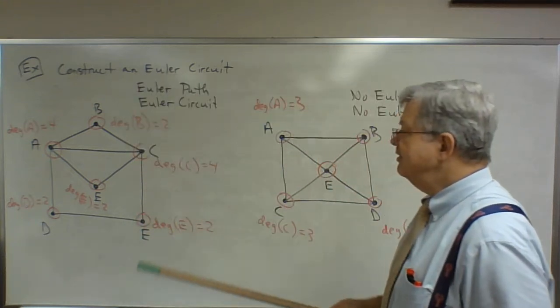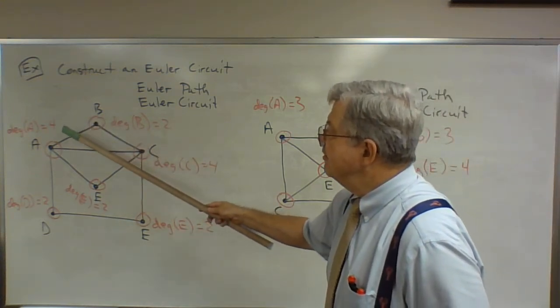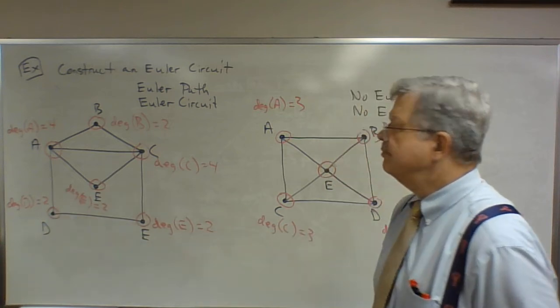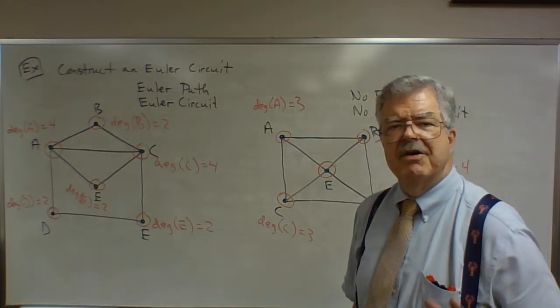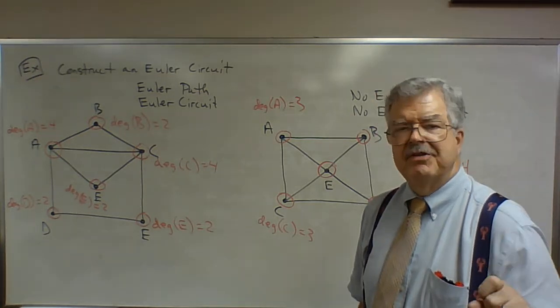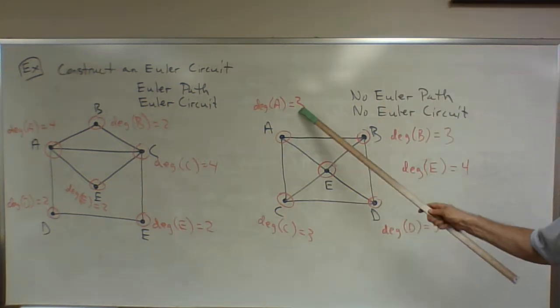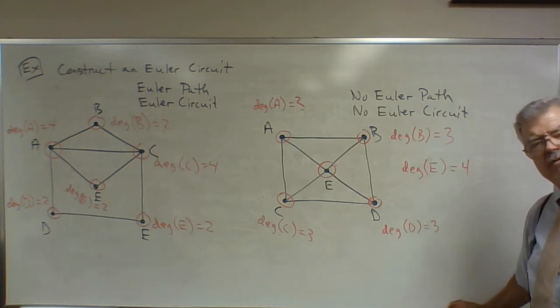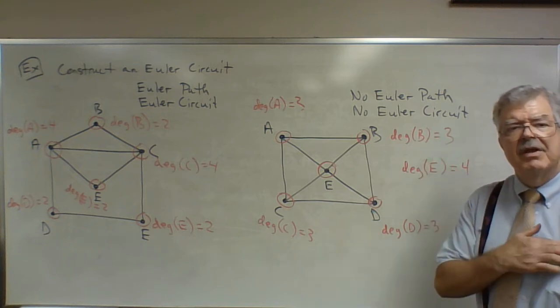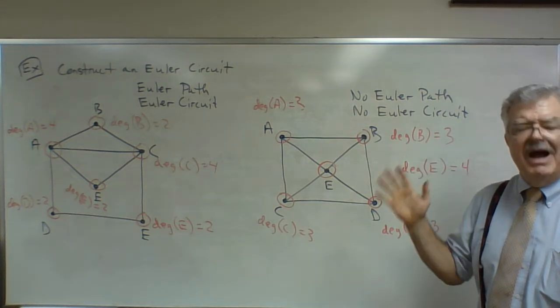This graph, let's see, look at the degrees. 2, 4, 2, 2, 4, 2. The degree of each vertex is even. There are no vertices of odd degree. Here, degree 3, degree 3, degree 4, degree 3, degree 3. We have 4 vertices of degree 3, which means that we have 4 vertices whose degree is odd.